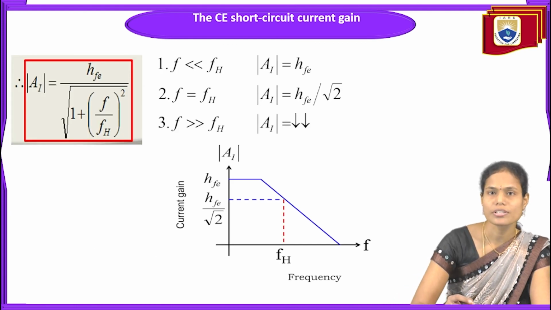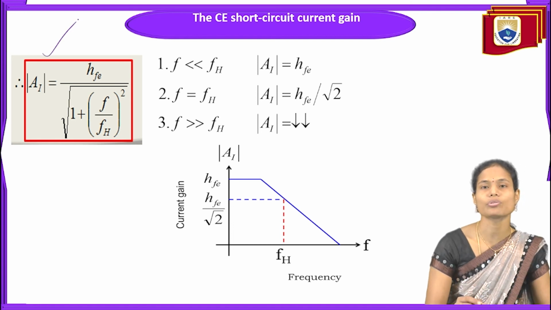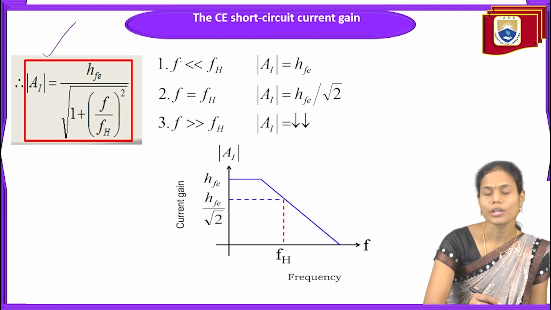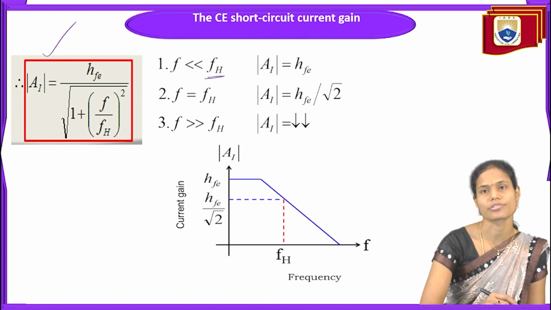So now we will see the frequency response of the hybrid pi model at different frequencies by using this short circuit current gain formula. Suppose your applied input frequency signal is very much less than fH.